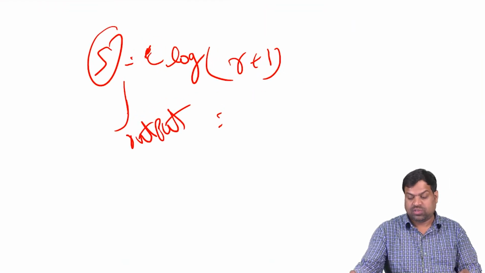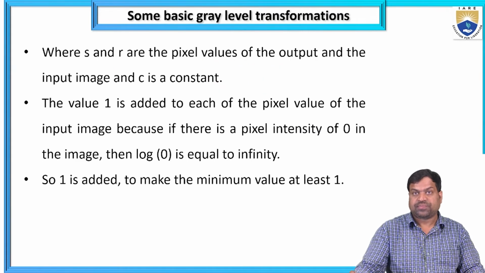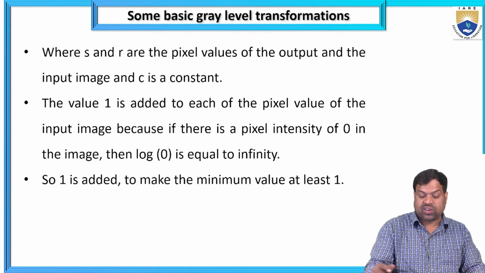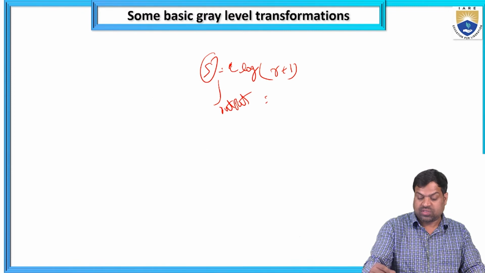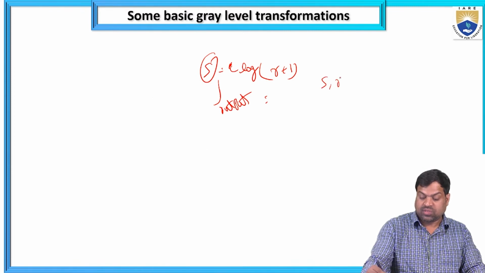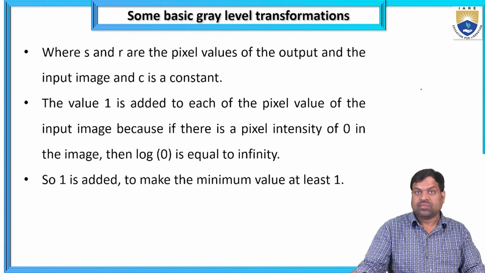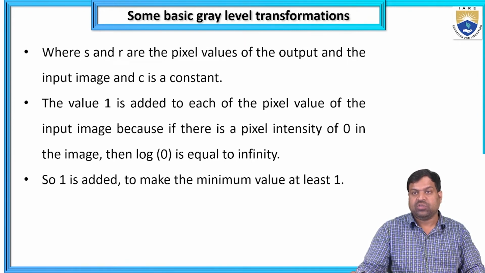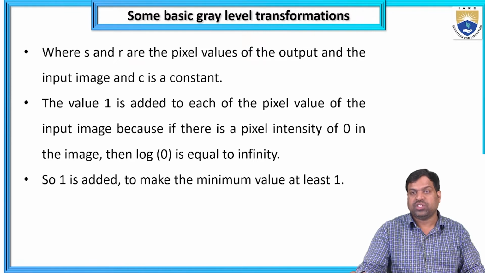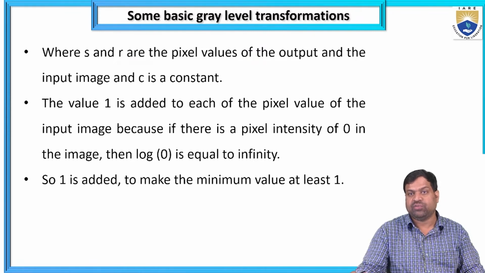Here S and R are the pixel values of the output and input image, C is a constant, and the value 1 is added to each pixel value of the input image because a pixel intensity of 0 is possible, and log of 0 is undefined.